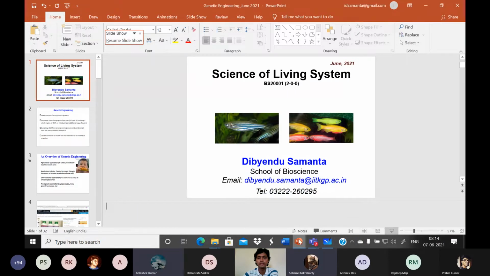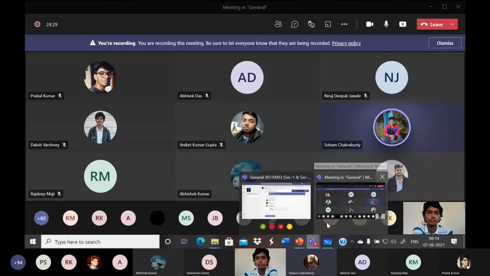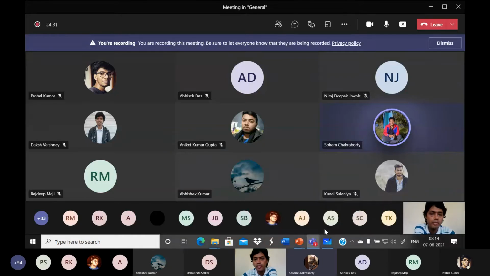Sir, there was this rice which contained vitamin A, because Asian countries have deficiency. It is called yellow rice. Is it also a product of genetic engineering? Yeah, exactly. The rice produces vitamin A. It is golden rice.